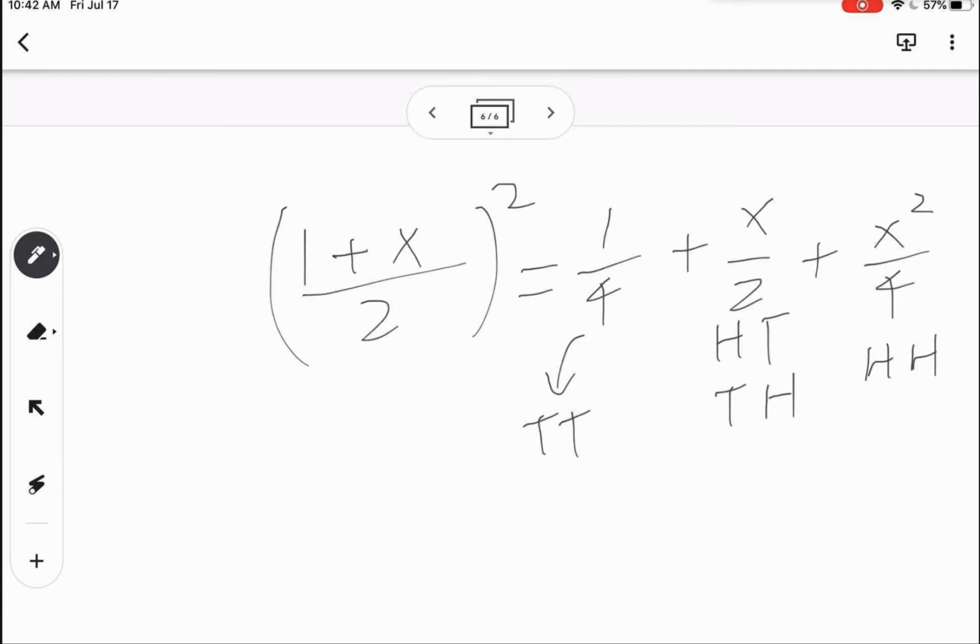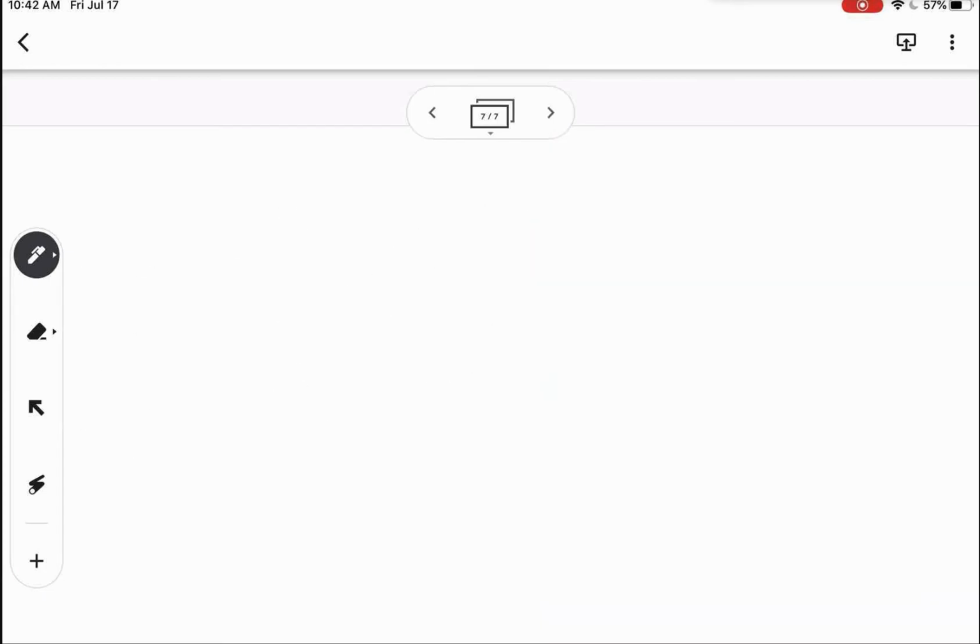Okay, so let's look at some more examples. For example, if you have only pennies, this is like a trivial example.